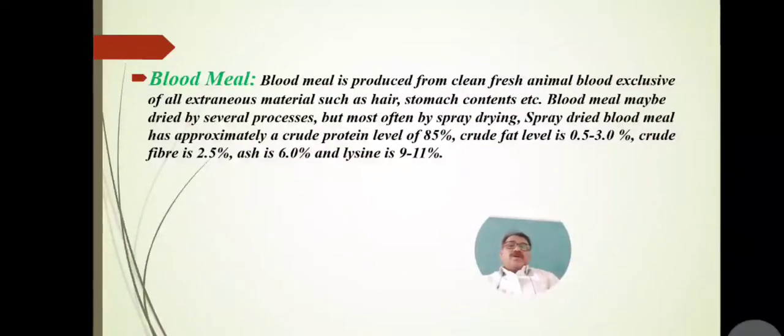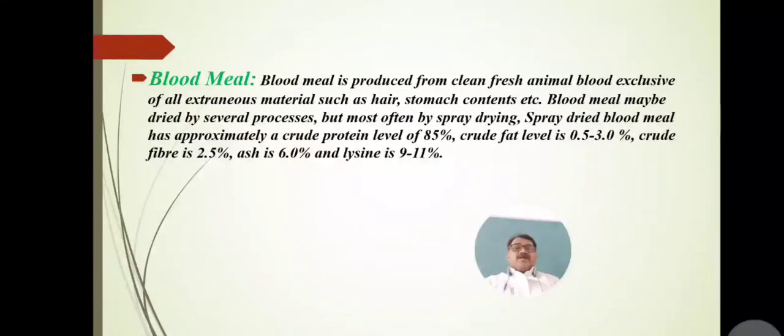Then the next animal byproduct is blood meal. Remember that animals are cut in slaughterhouses and the blood is wastage. When this blood is collected and processed through mechanical and chemical action, a meal is formed.